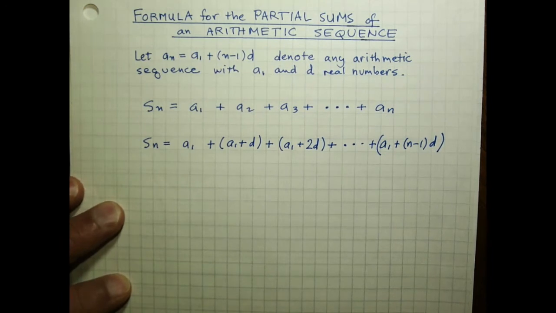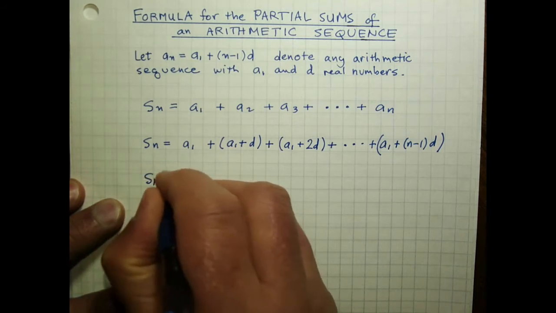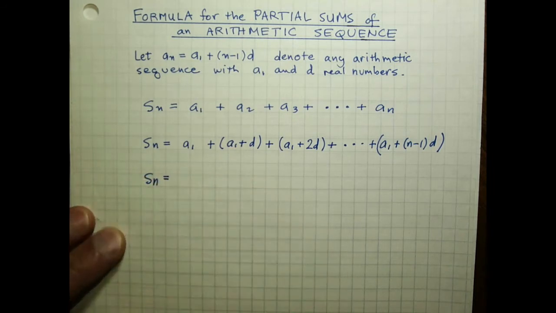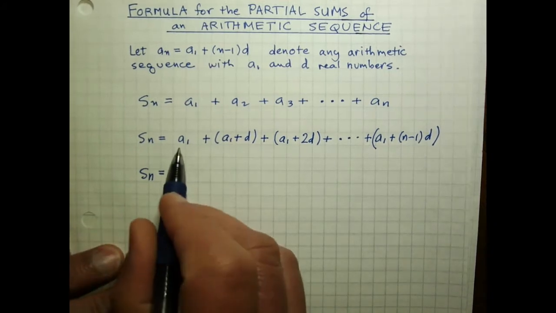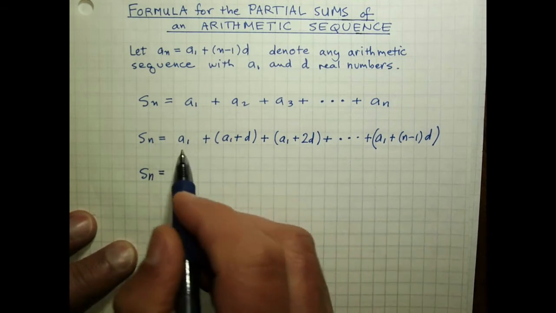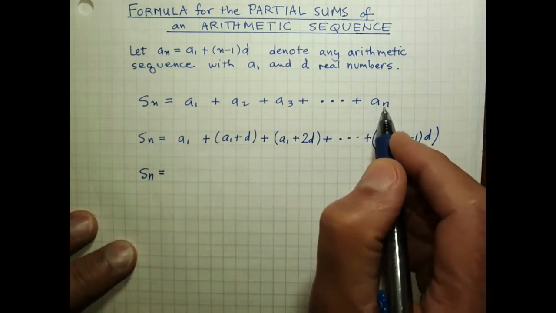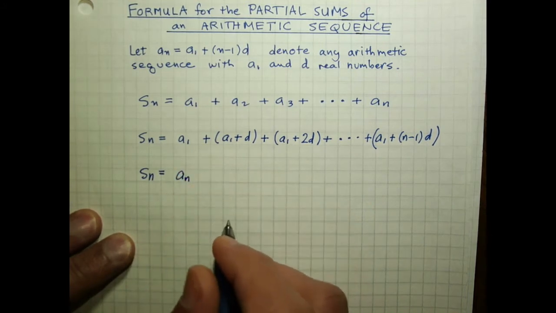Now, I'm going to write Sn again a different way. Instead of starting with a1, I'm going to describe Sn, the same partial sum, starting with the nth term, an, and I'm going to work my way backwards.